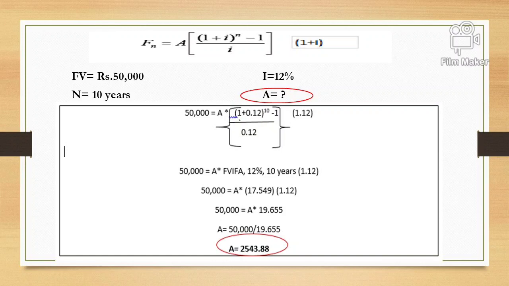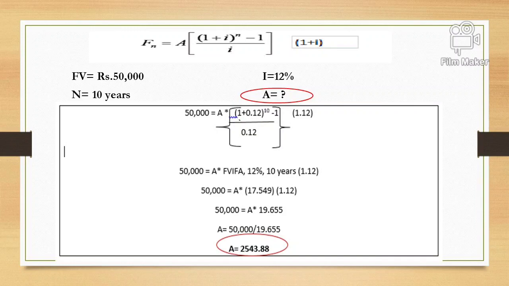As it is an annuity due, we need to multiply by 1 plus rate of interest, that is, one more interest effect is given to an annuity due, because it is the beginning of the year, and the amount which we save gets one more year of interest. That is why whenever it is the beginning of the period, the original formula will have one more interest effect, that is, it will be multiplied by 1 plus i.